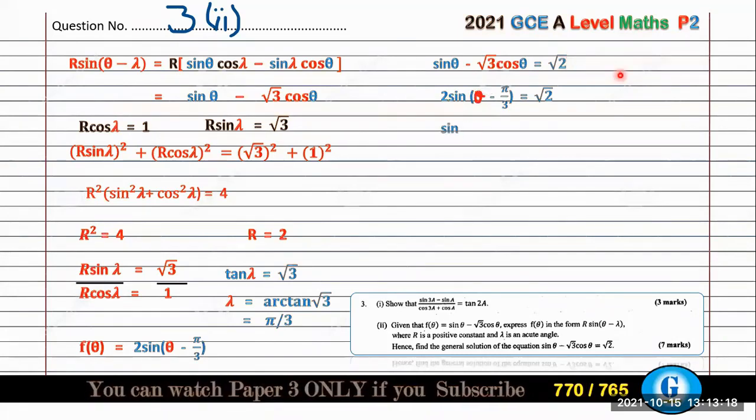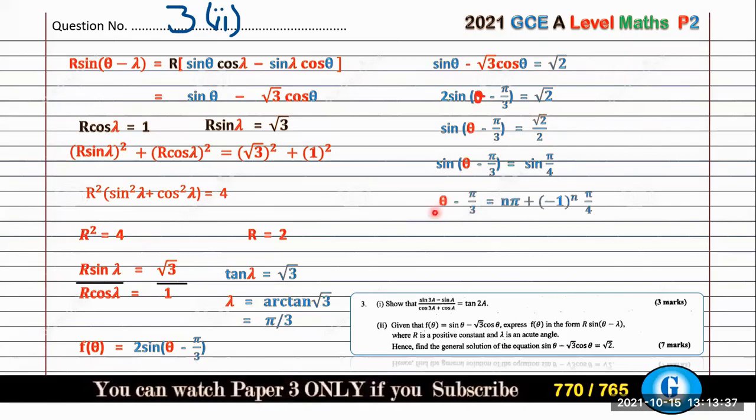So minus that, we have sine of (theta minus pi on 3) equal to root 2 on 2. And root 2 on 2 is sine pi on 4, that is 45 degrees. So how do you solve the equation sine A equals sine B? For sine A equals sine B, we have the general solution: theta minus pi on 3 is equal to n pi plus (minus 1) to the power n times pi on 4.